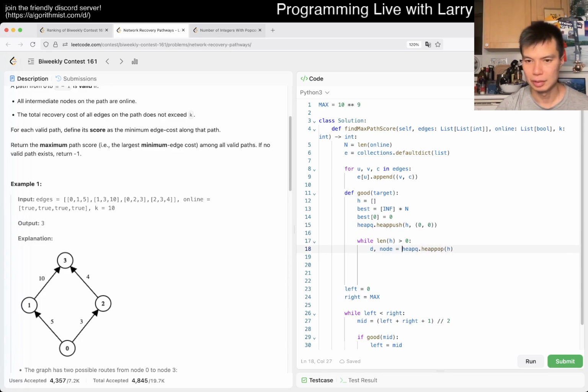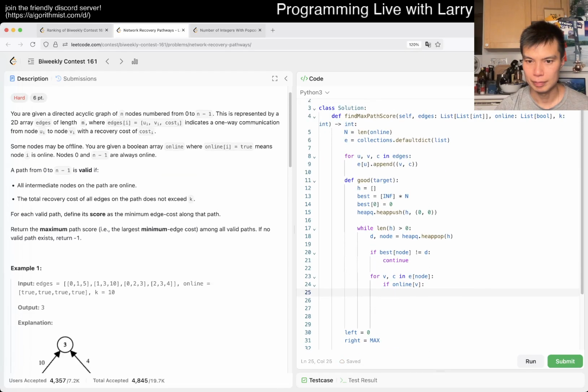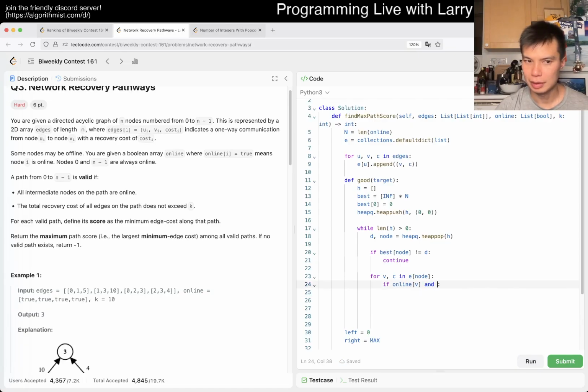Distance. And then for V, C in G of node, if online of V and C is greater than or equal to target, then, because we just have to find the existence of a path, so okay, yeah, that's why.